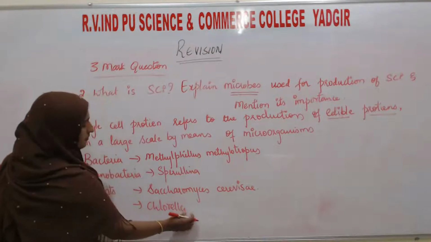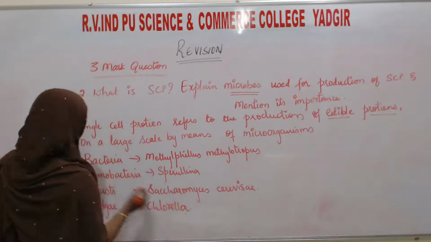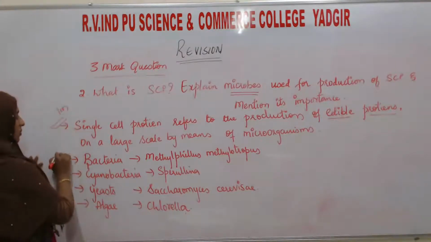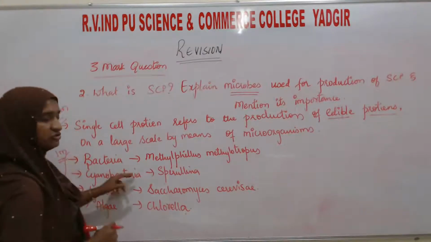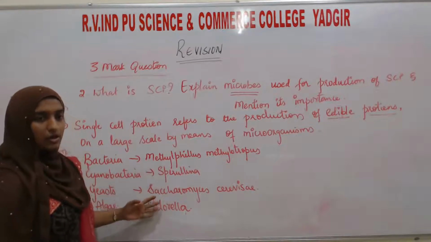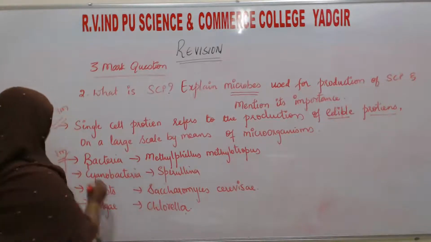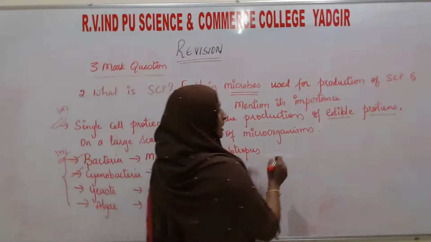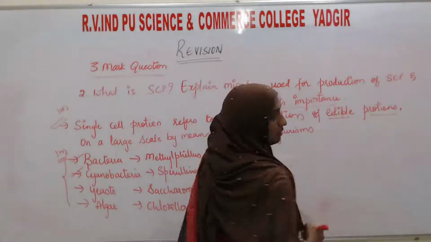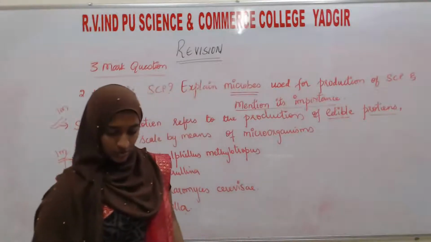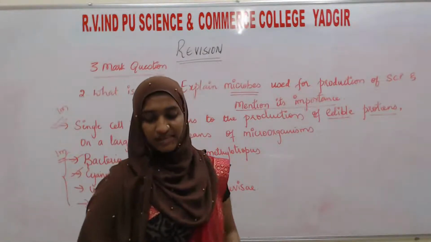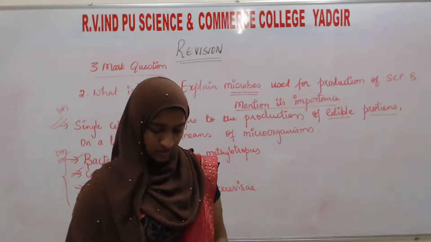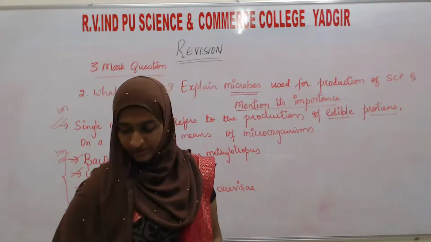This is about the microbes. This is the meaning, 1 mark. Then any two also you can mention. Okay, no need to mention all the 4. Any two you can mention if they ask for 3 marks. Then the last one, mention its importance, they had given. Okay, what are the importance of this SCP? How is it useful, or how is it improving the food, or what are the advantages of SCP?